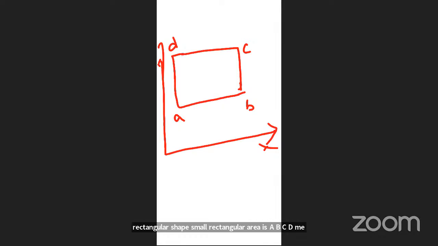Choose the sides: AB has length dx and the other side has length dy. Let P, Q, R, S be the midpoints of the sides; these are the midpoints.